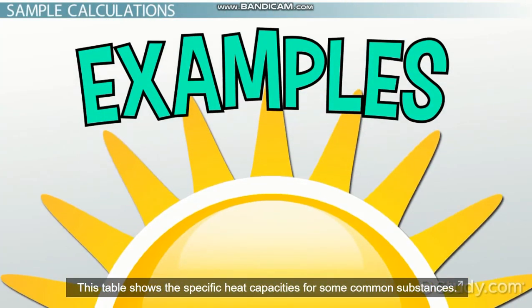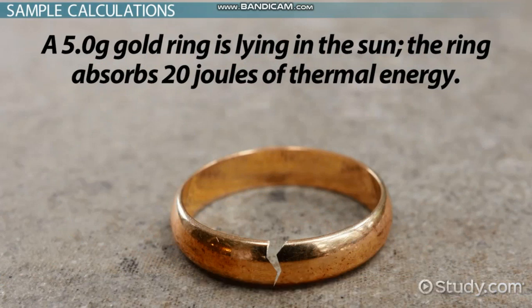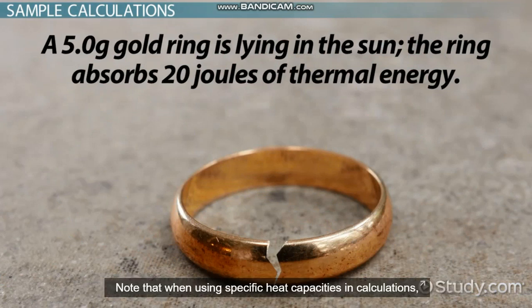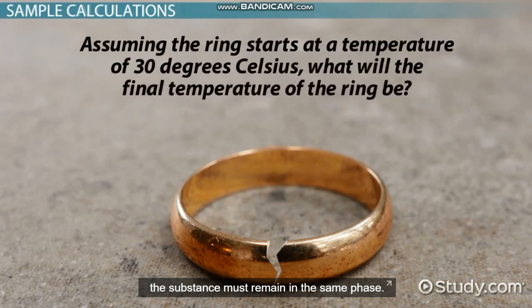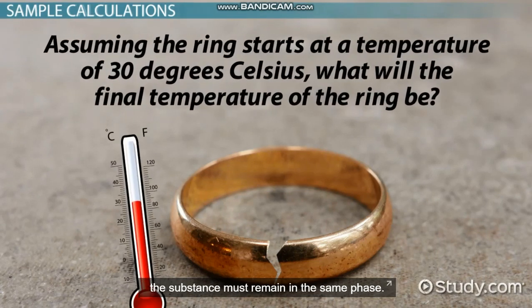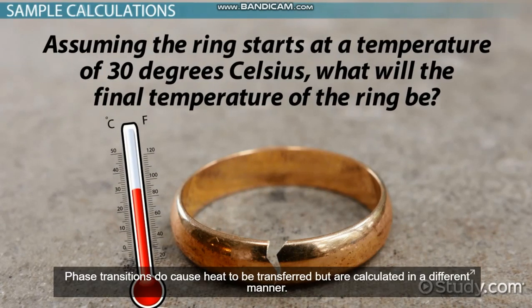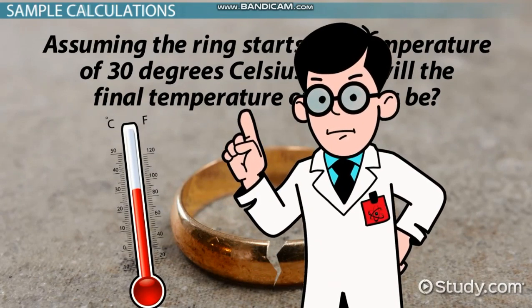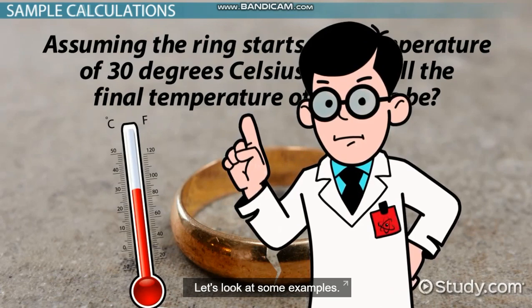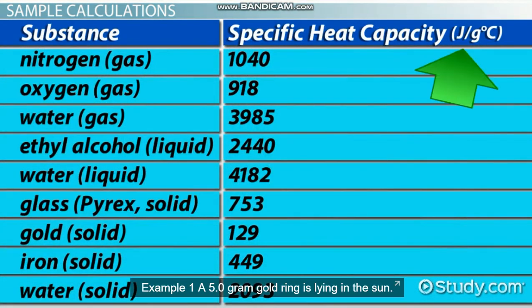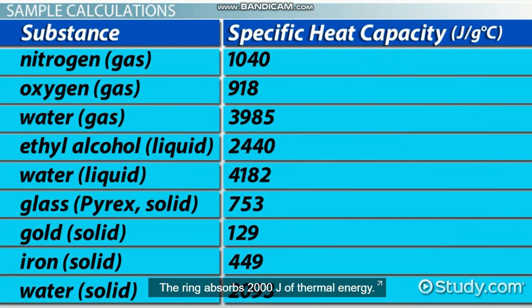Example 1. A 5.0 gram gold ring is lying in the sun. The ring absorbs 20 joules of thermal energy. Assuming that the ring starts at a temperature of 30 degrees Celsius, what will the final temperature of the ring be after absorbing this energy? First, insert all the known values into the equation. Since the specific heat capacity is in units of joules per kilogram per degree Celsius, we'll also need to convert our mass of 5.0 grams to kilograms as well.